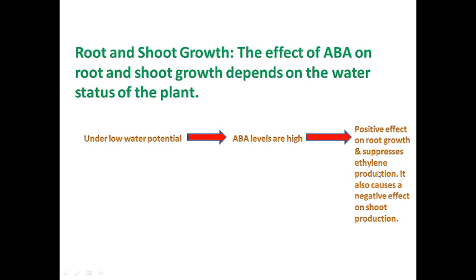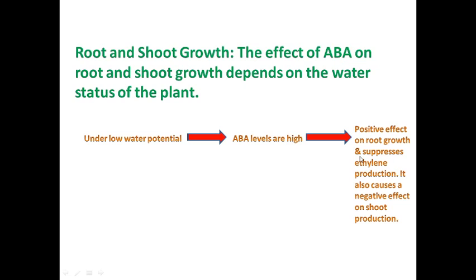As a result, root growth initiates. It also causes a negative effect on shoot production. It does not allow the shoot to grow under stressful conditions, like when water is not available much to a plant. The water potential of the roots becomes low, and abscisic acid levels get raised.